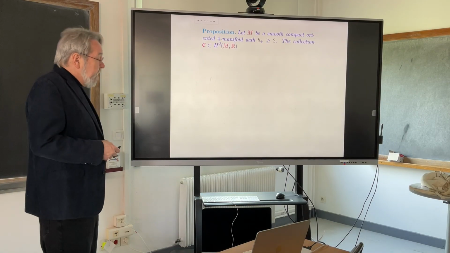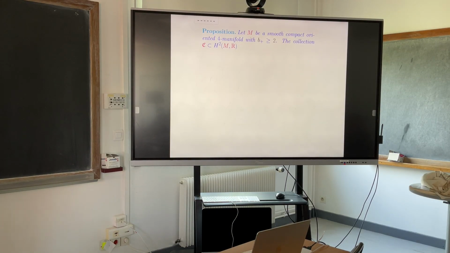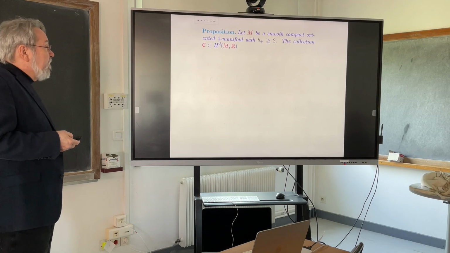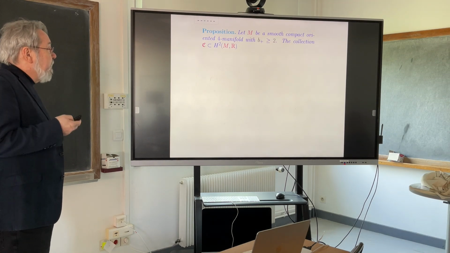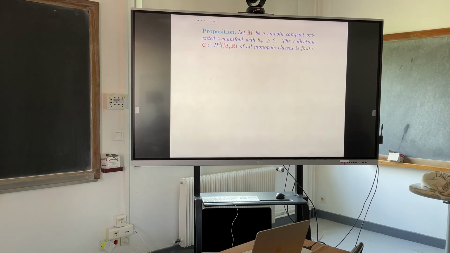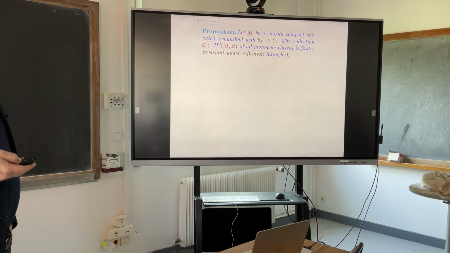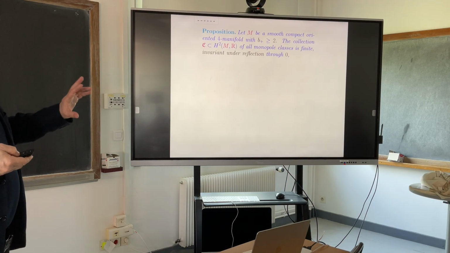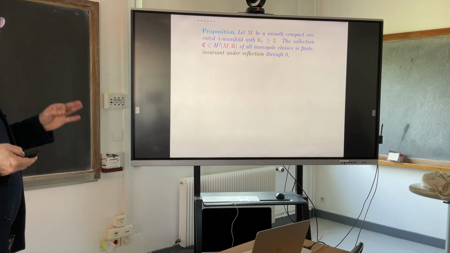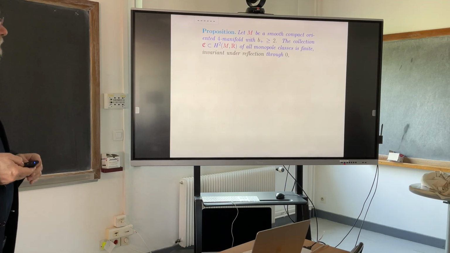So there's a very important proposition, which is that if you have a smooth, compact oriented four-manifold with b plus greater than or equal to 2, then the collection of all monopole classes, first of all, is a finite subset of the cohomology. The second thing is that this finite subset is invariant under reflection through the origin. So if you multiply a monopole class by -1, you get another monopole class.